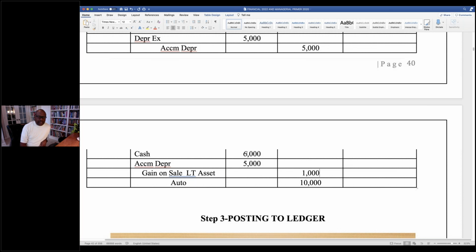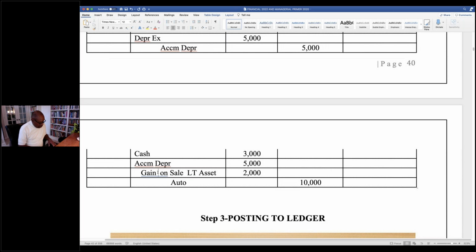If we only got $3,000 for the car, then we'd have a loss of $2,000. So you either have a gain or a loss when you sell these assets.